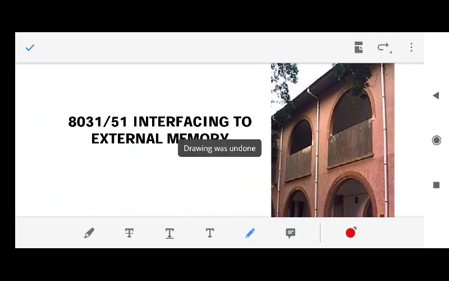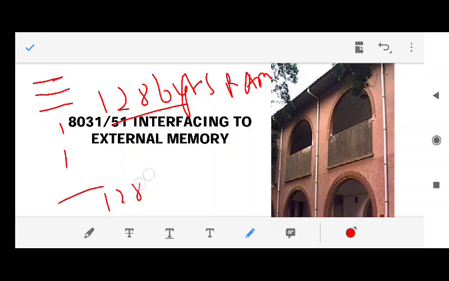One more thing, it has 128 bytes of RAM. So 128 bytes of RAM means first byte, second byte, third byte till 128th byte. Only 128 bytes of RAM are there. Why do you use RAM? You use RAM to save your temporary data.